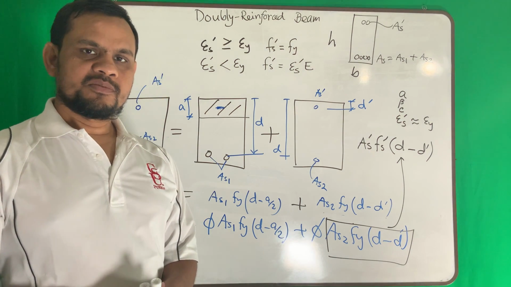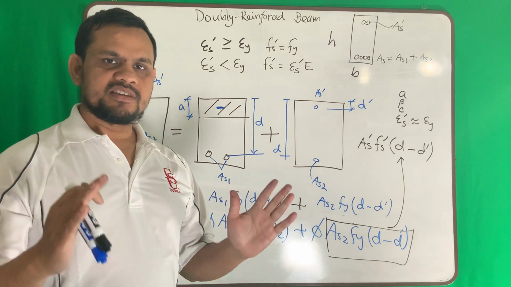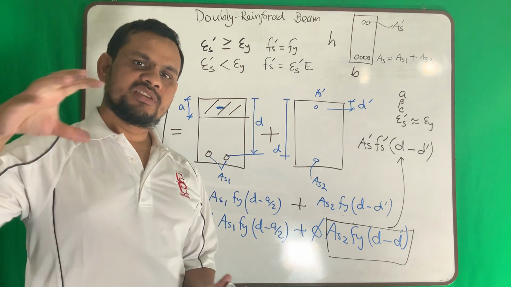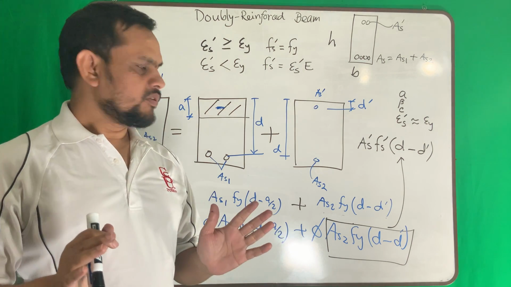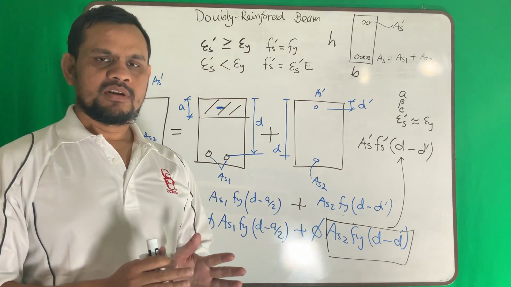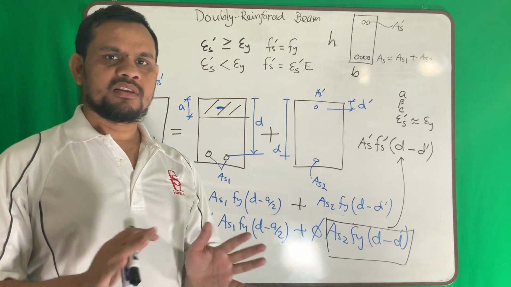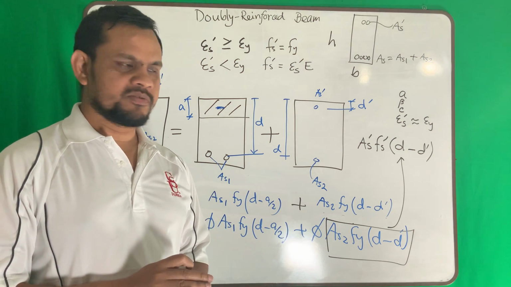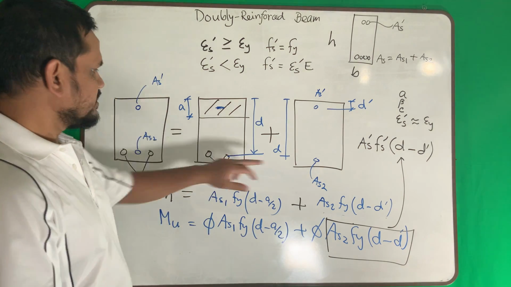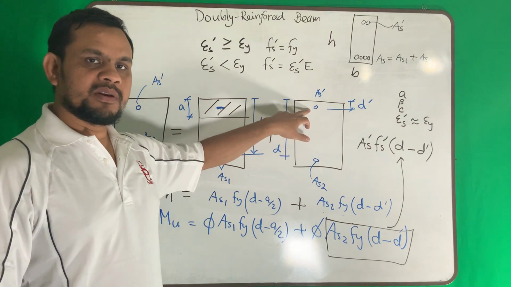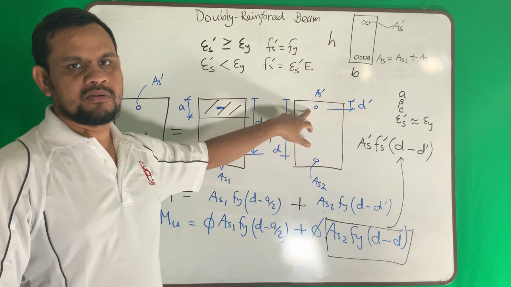A doubly reinforced beam occurs when there is a size restriction and my load is huge, both. If there is no size restriction, then there will be no question of a doubly reinforced beam. And something else is also that this reinforcement and this reinforcement may be equal, may not be equal.